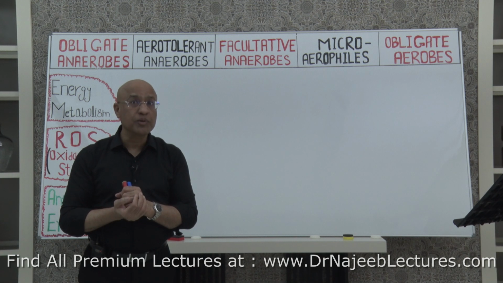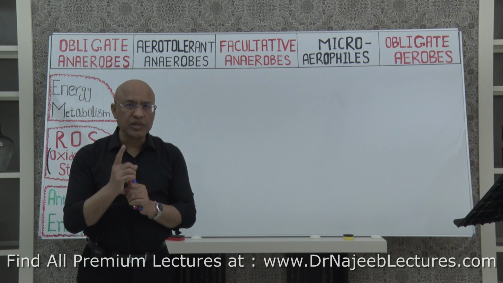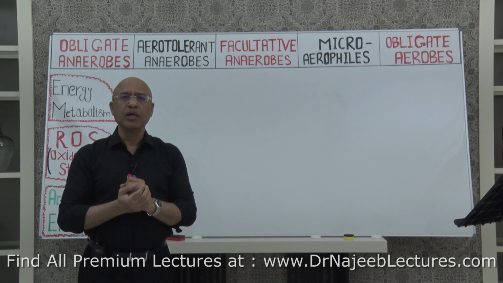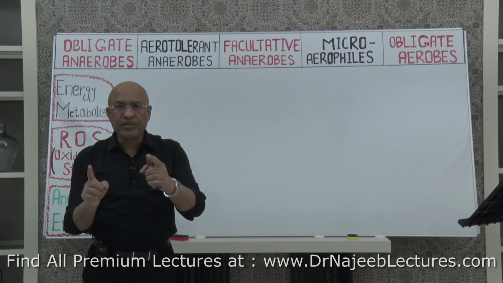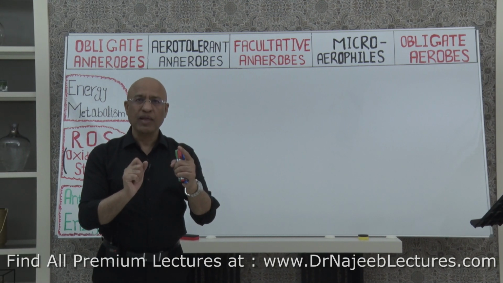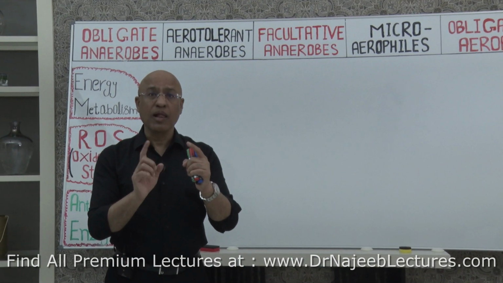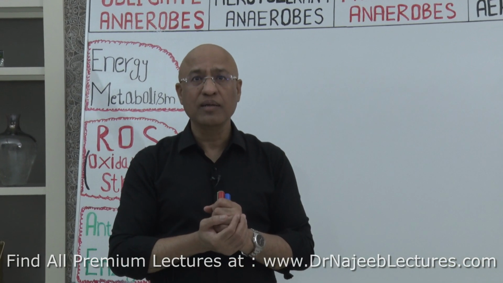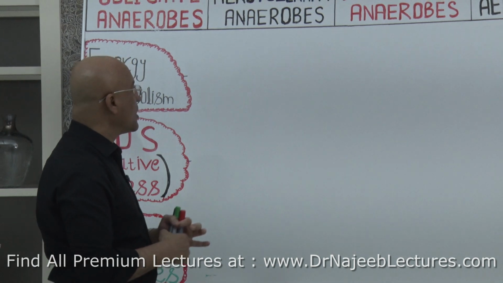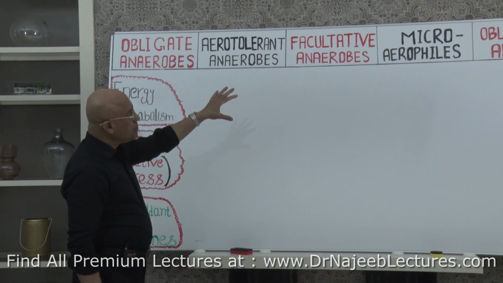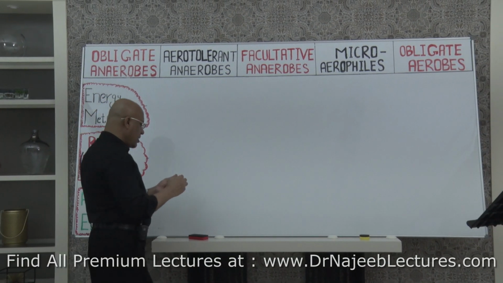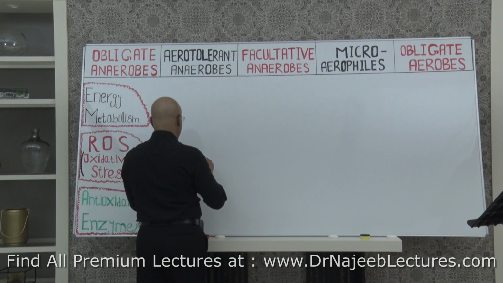What are differential culture media? Differential culture media are those culture media used in microbiology which help us to differentiate different categories of bacteria visually. Now, classically, the medium which is used here is called thioglycolate broth.